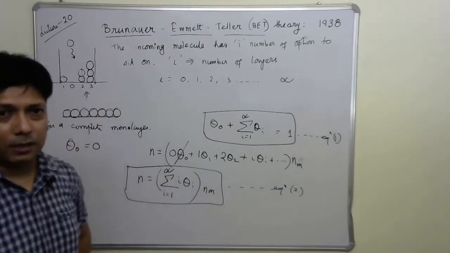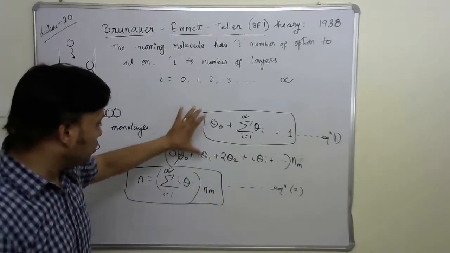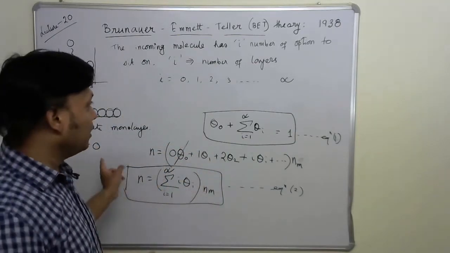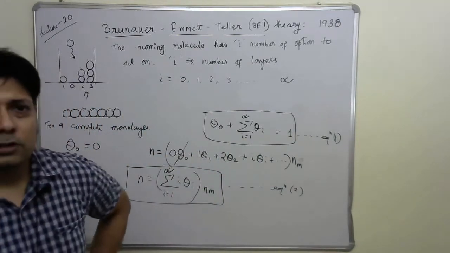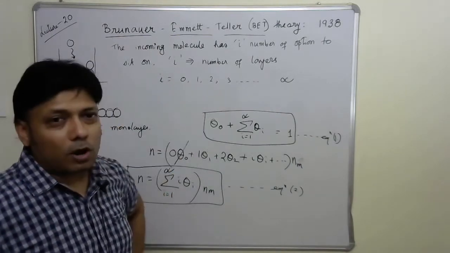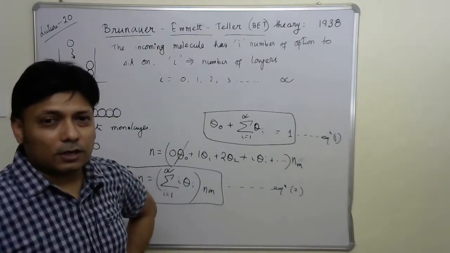That consideration will give us many equations through which we can relate theta with the pressure P. So keeping these two equations in mind, I'm now going to erase the board and start the next part of the derivation from the thermodynamic consideration. All right, so let's do that.